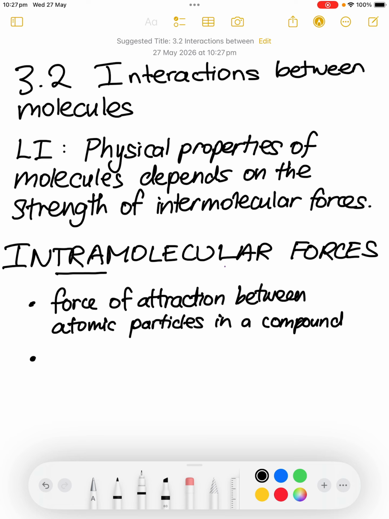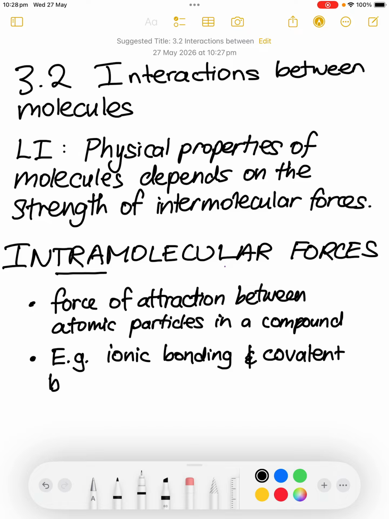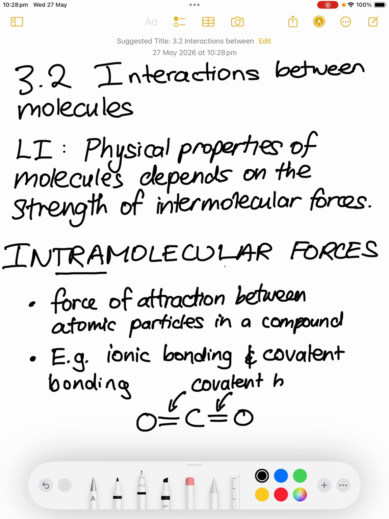And we've got a couple of examples: ionic bonding and covalent bonding as well. If I can give an example, if we look at CO2, there is our covalent bonding there.